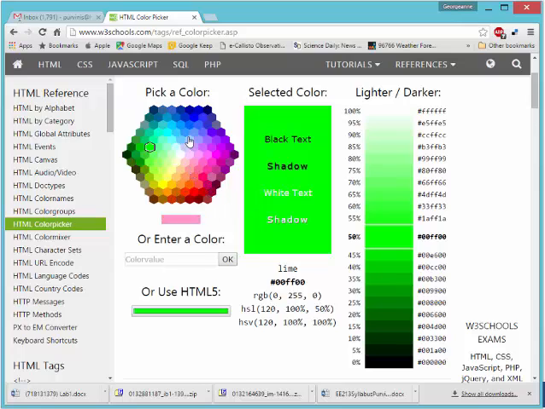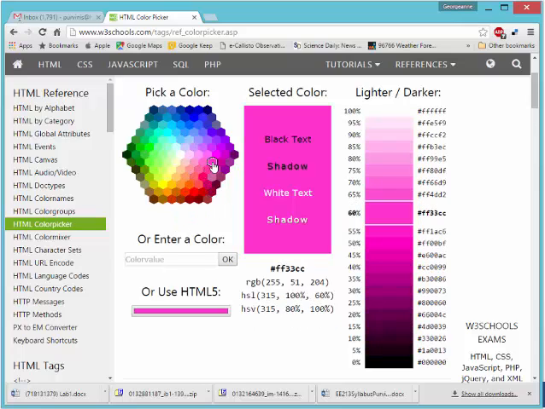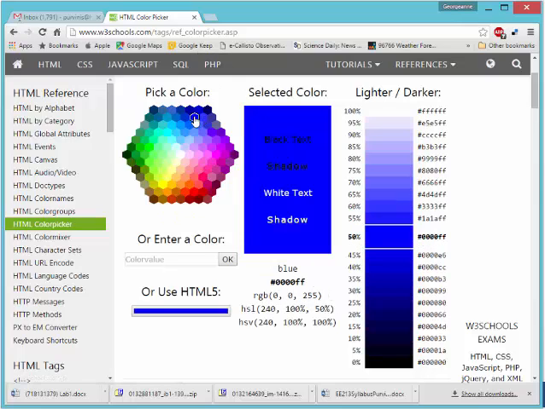And then you can get these colors in between. The color I've picked in between is FF33CC. That's the color I picked right there. And there are other color schemes, but red, green, blue is what I'm using. Anyway, this is a fun little website you can play with.